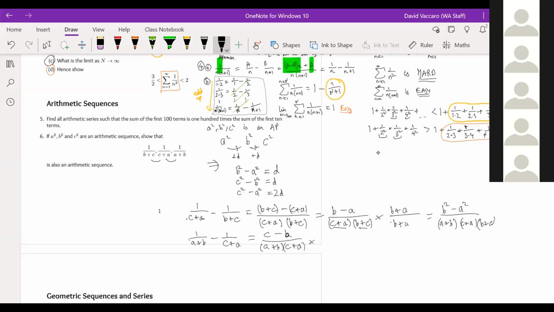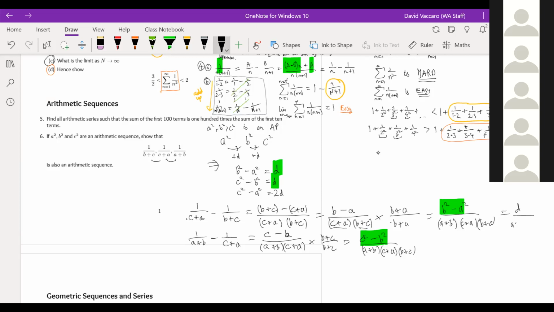And if I was to multiply by the missing bracket on the bottom here, my b plus c, again, I would get the difference between two squares, c squared minus b squared over a plus b, c plus a, b plus c. But that's quite nice because we know that the difference between these squares is in both cases d.